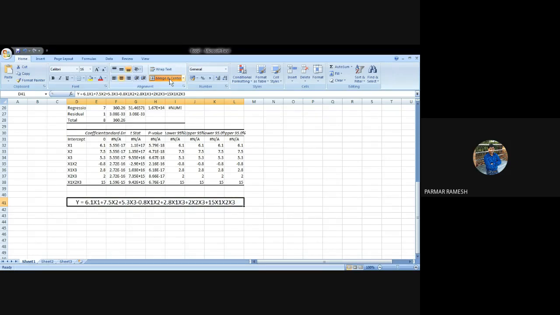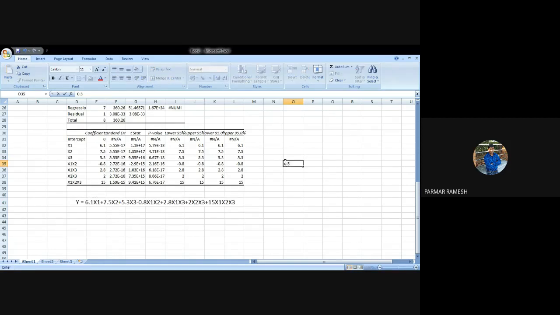Now using this equation we can predict the response. Let me show. In a previous design, the experiment was performed at 0.5, 0.25 and 0.25. The checkpoint batch, which was shown in the presentation, had these variables, and the response was 7.2. Let us try to predict it, whether it is correct or not.